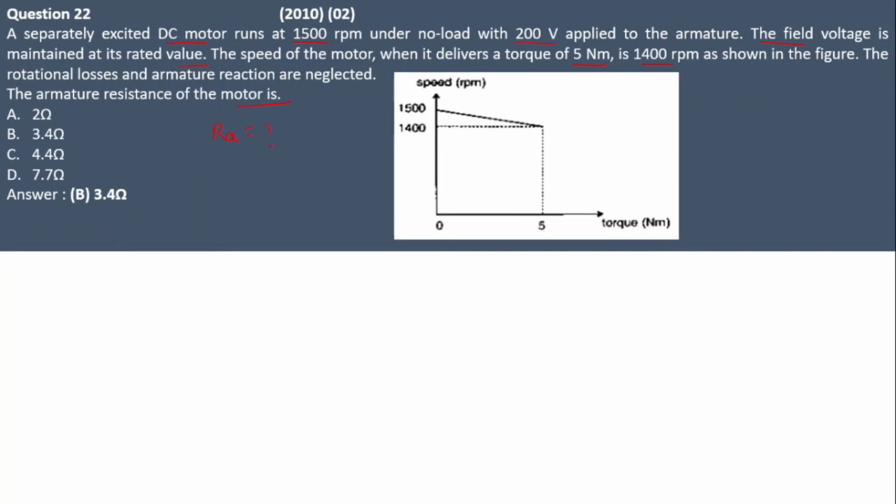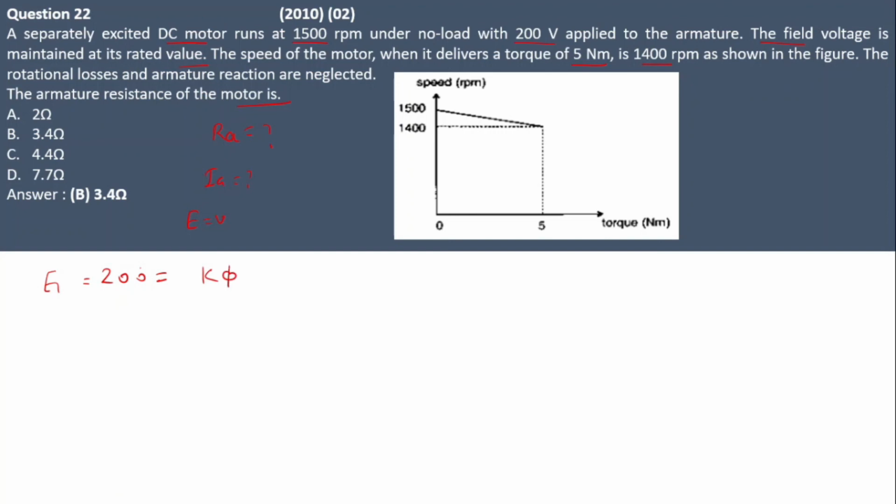So at no load with 200 volt applied to the armature, Ia is 0 at no load. You can say E equals V equals 200, which is basically E1 equals K phi N1.